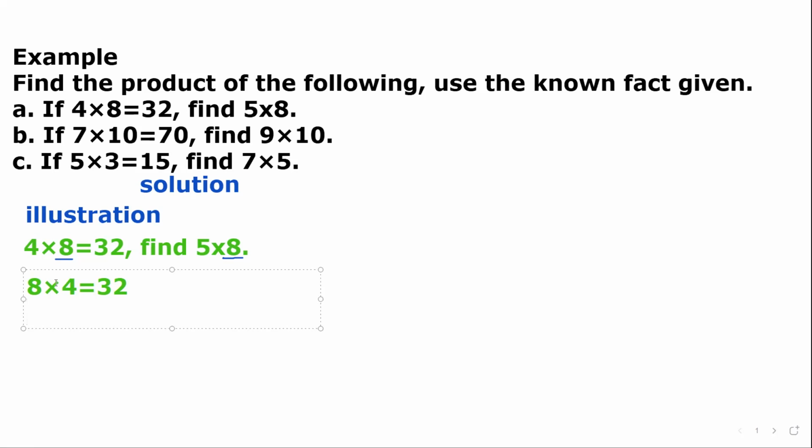Then the unknown fact, you must also start with the same multiplier, the one that you identified, so that the first row will be a uniform number. So 8 times 5 is equal to the question mark.